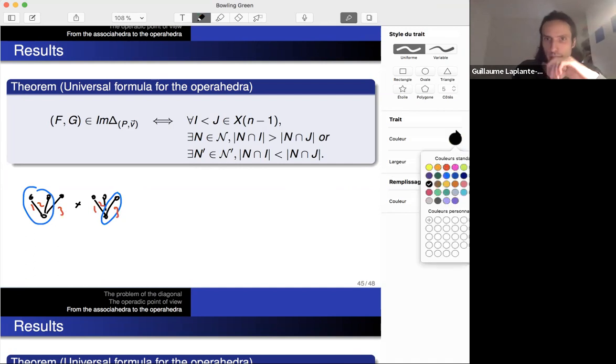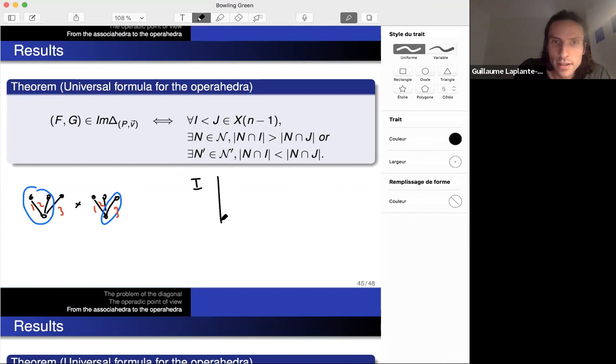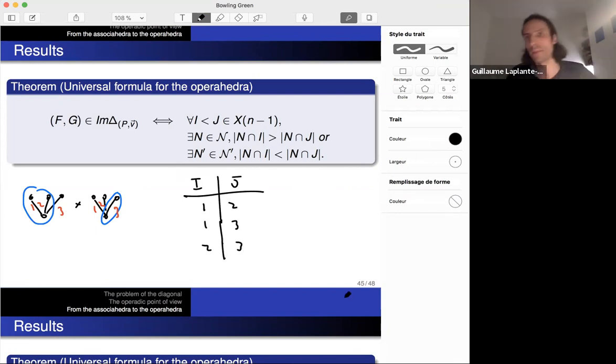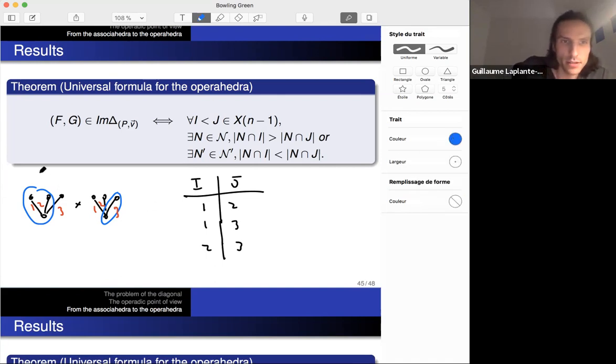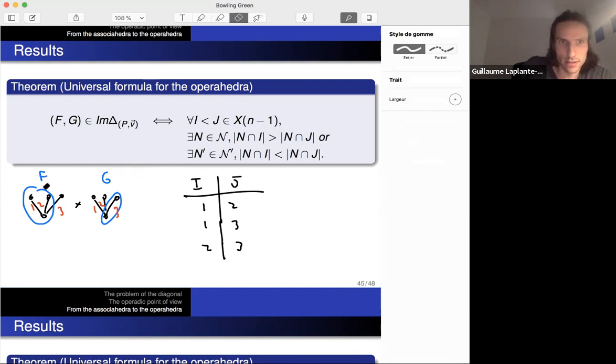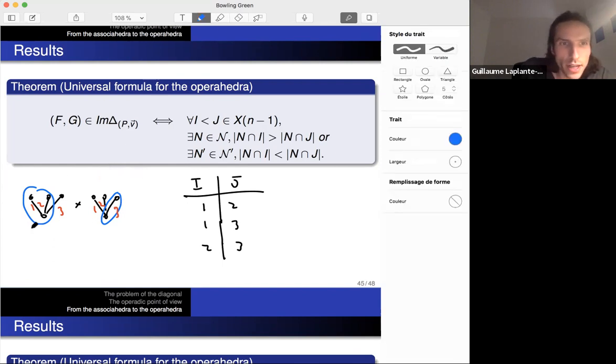So we need to write the pairs I, J. Since we are in R^3, there are only three such pairs of subsets. Then what you have to verify is, this will be F, this will be G, you have an N here, and you have an N prime.